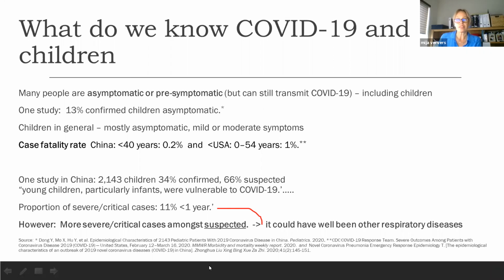However, I must here stress that more of the critical cases were amongst the suspected. So we don't know whether they have COVID. And these children could have well been infected with something else and had another respiratory disease. So we question actually for the moment until further notice the results of this study. Next, please.